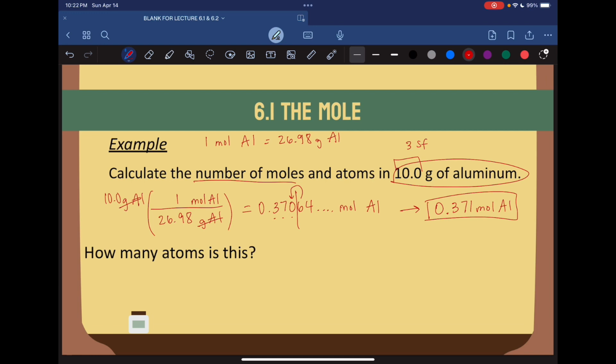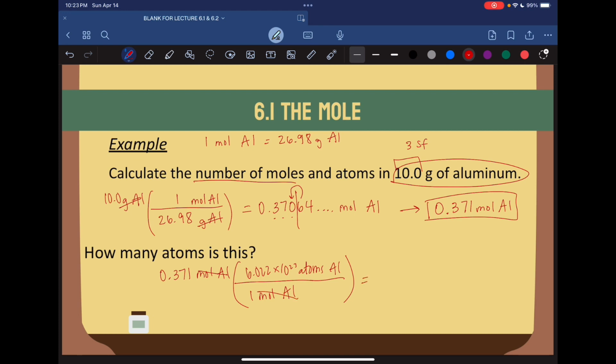Now I'm going to take that answer over here to figure out how many atoms that is. 0.371 moles of aluminum. I draw my line again because I'm converting. I know for every 1 mole of aluminum, I'm going to have Avogadro's number atoms of aluminum. So I know moles of aluminum will cancel.